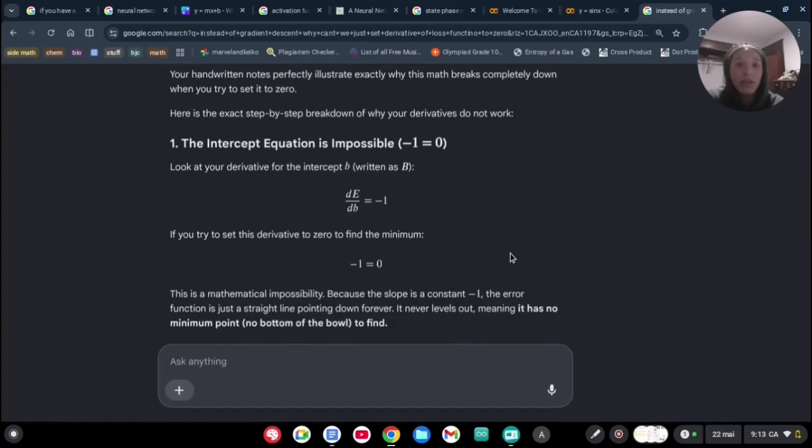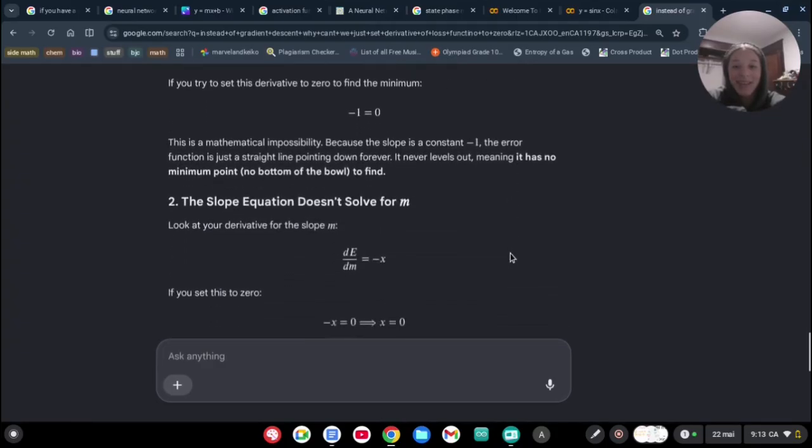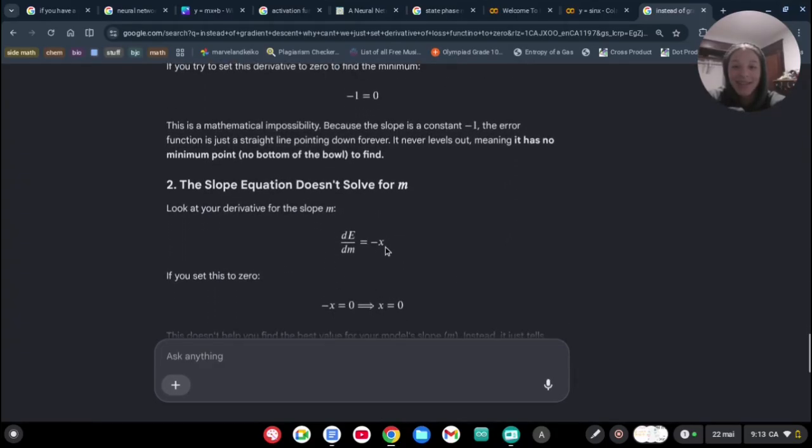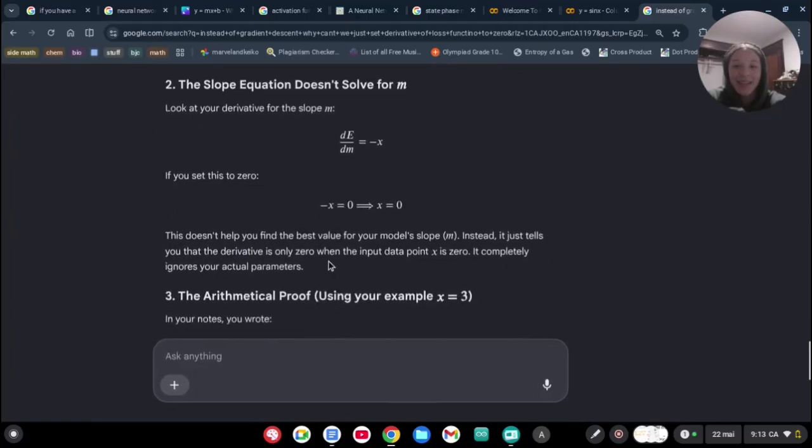Yeah. Okay, that was kind of lying right in front of me, but I guess there are also some issues here. Yeah, that doesn't help at all. This part also is kind of confusing because it's just saying the slope is 0 when the input is 0. Okay, yeah.